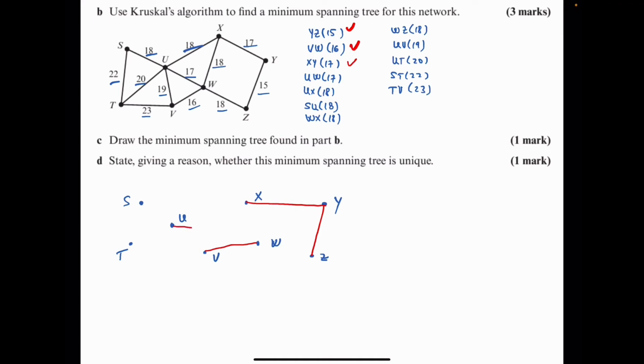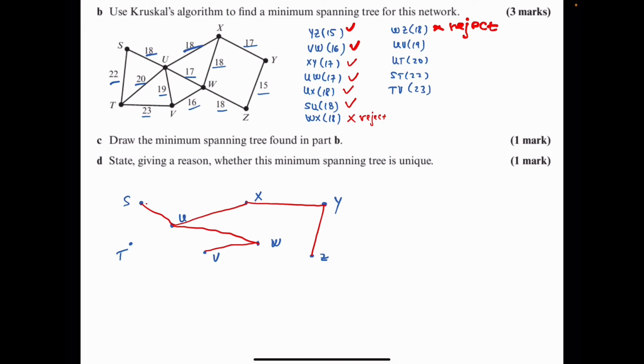UW, that's also fine still. UX, that's all right. SU, that's fine. WX I cannot include, so I reject this one because it would create a cycle here. I don't want to draw it, but you can see directly here. And then WZ would also create a cycle, so reject that one as well.